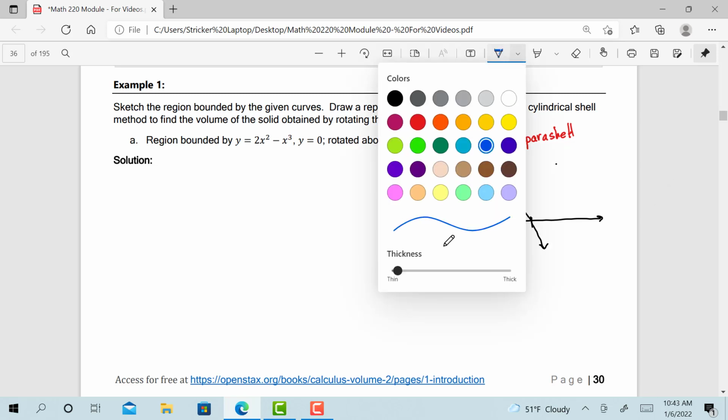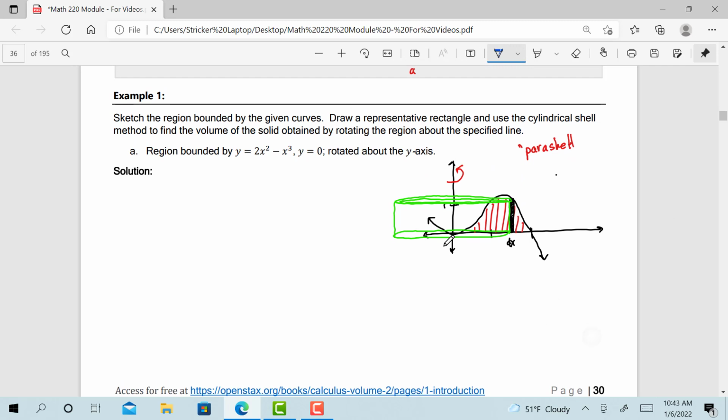And so if we think about the different dimensions of this, that's important here. This dimension here, it's our radius, right? And because it's going horizontal, we're going to think of our radius as our x value. R is going to be x. And then our height is over here.